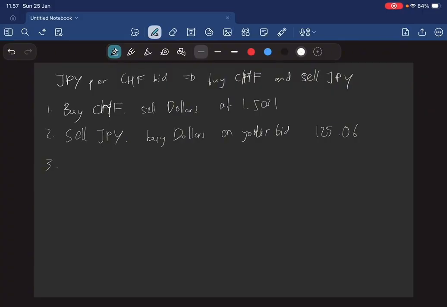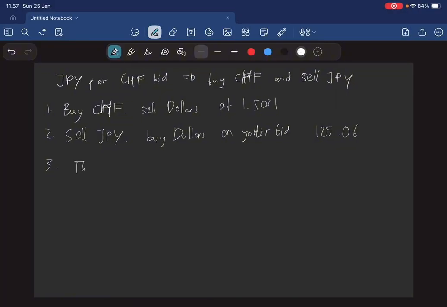Three, you want to know the value of 1 Swiss franc in terms of Japanese yen. Since Swiss franc and Japanese yen are both in European terms, you divide the base of the cross into the terms of the cross to get the cross rate, which is Swiss franc expressed in terms of Japanese yen.